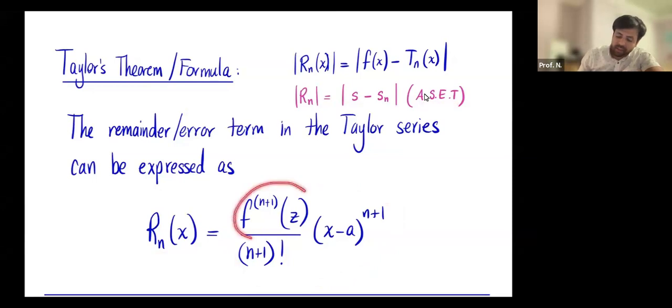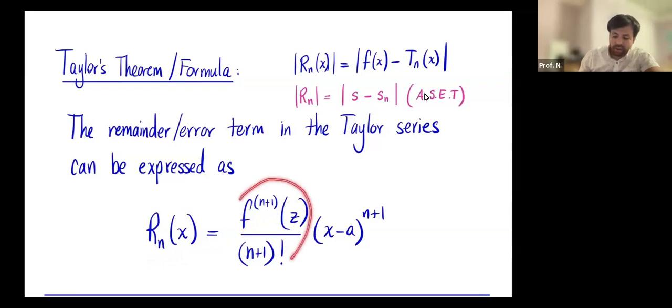If you want to find the remainder term given by the difference with the nth degree Taylor polynomial approximation, then we take the n+1 derivative of the function evaluated at z. We'll talk more about what z is compared to a and x, over n+1 factorial.